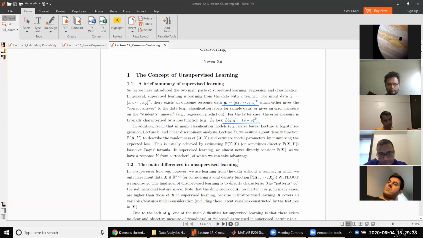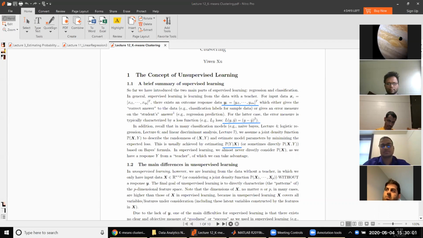This is supervised learning. In addition, another point of view about supervised learning is that in some cases we want to estimate P of y given x. In this case, we consider x and y to follow some joint distribution.